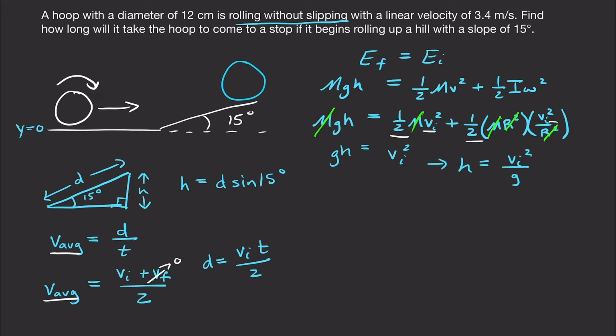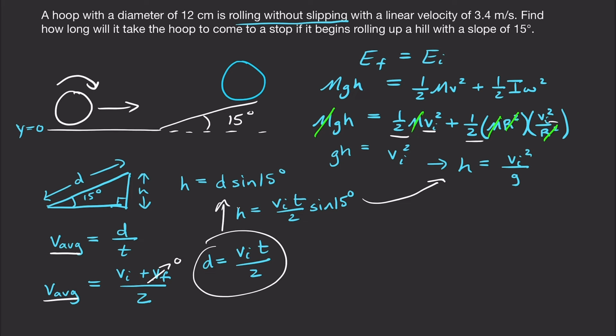Okay, and so now we can plug all of this in here, and we get h is vi times t over 2, all times sine of 15 degrees. And then we have two expressions for h, so we can set those equal to each other. So if we do that, we have vi times t over 2, sine of 15 degrees is equal to vi squared over g.